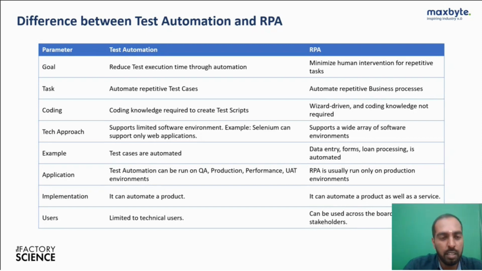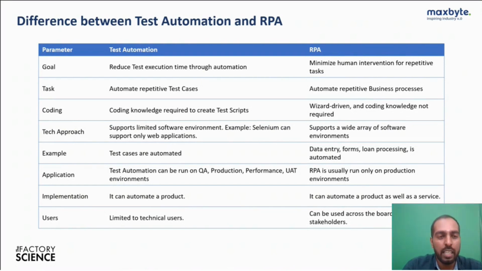For test automation, if you are considering a tool like Selenium, coding knowledge is required to create a test script. But most of the RPA tools are wizard driven. There are pick-and-place drag-and-drop icons, so we can create a workflow. Coding knowledge is not required to develop the RPA process.